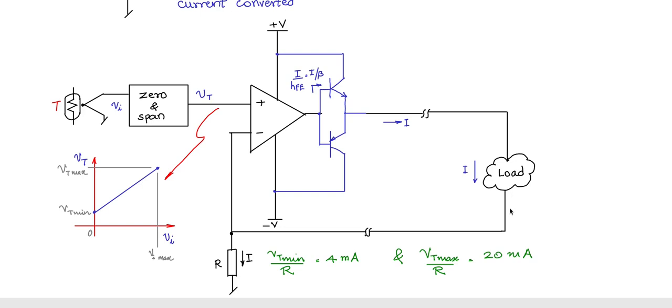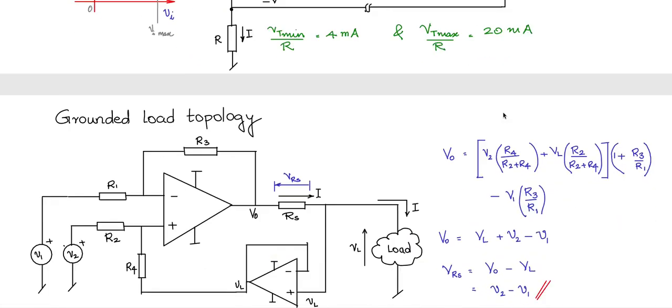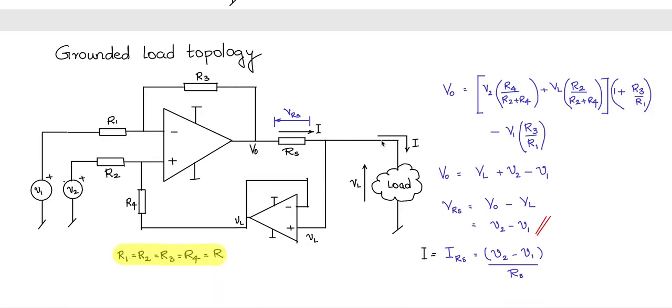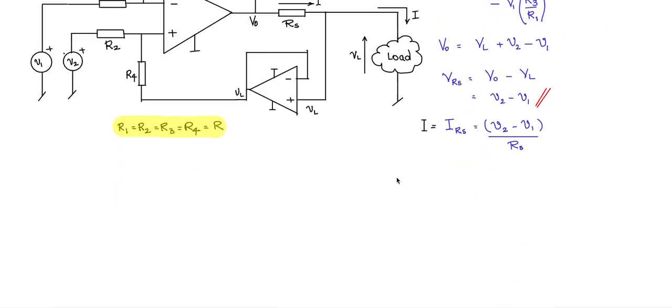So let us look at this part, the load part. This is the floating load. We will look at the floating load, and as an extension, the grounded load is the easier part, and then we can look at that also.